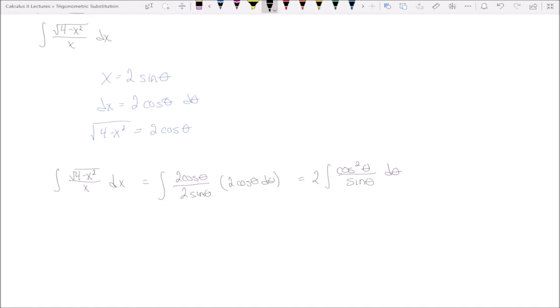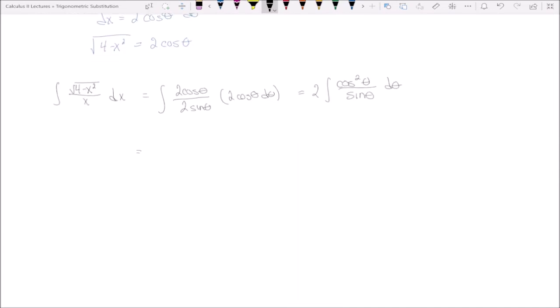Well, let's go ahead and rewrite that. We have cosine over sine, which is cotangent. Then we have 1 over sine, which is cosecant. So we have 2 times the antiderivative of cotangent of theta times cosecant of theta. Well, that's a problem. What is that antiderivative? It's negative cotangent squared, isn't it?